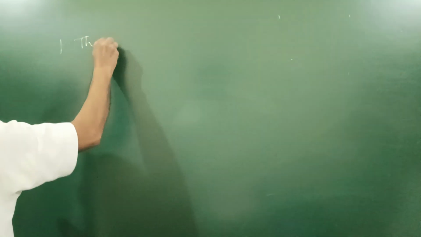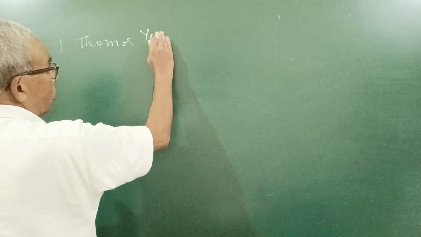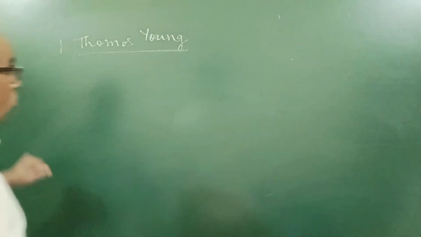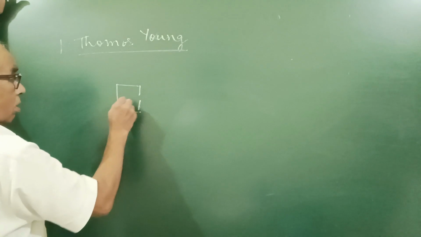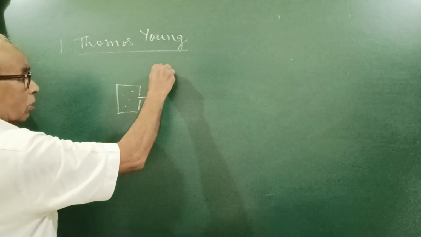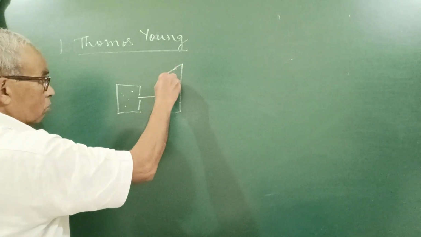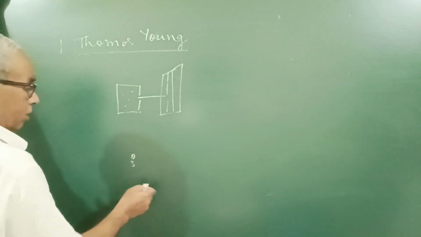So Thomas Young obtained two sources. Actually, he used sodium light. This is sodium lamp. A narrow beam obtained, and he put a screen there before this, and then cut two slits. In simple words, I say the source is here.